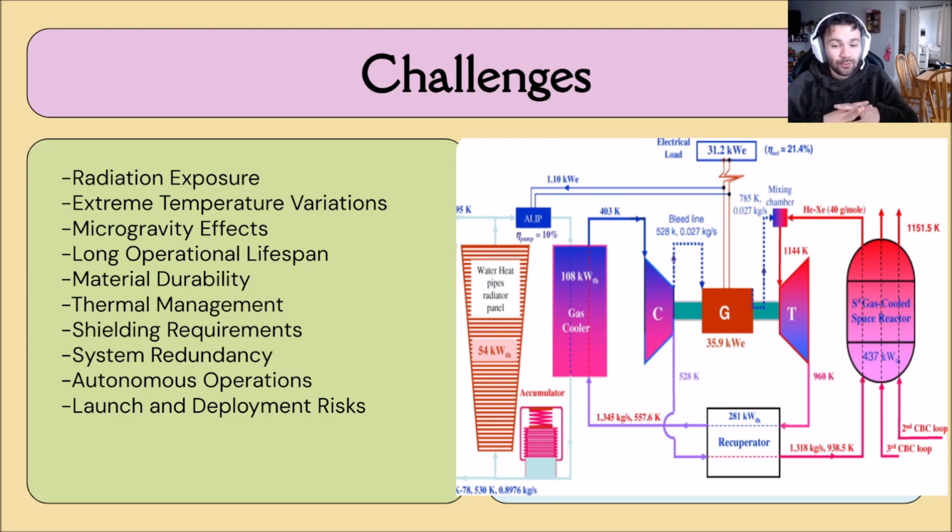Then there's microgravity, so things tend to work differently in different types of gravity. Fuel, liquid for cooling, fuel reaction, they tend to have different effects in lower gravity, and especially in space, there's no gravity.